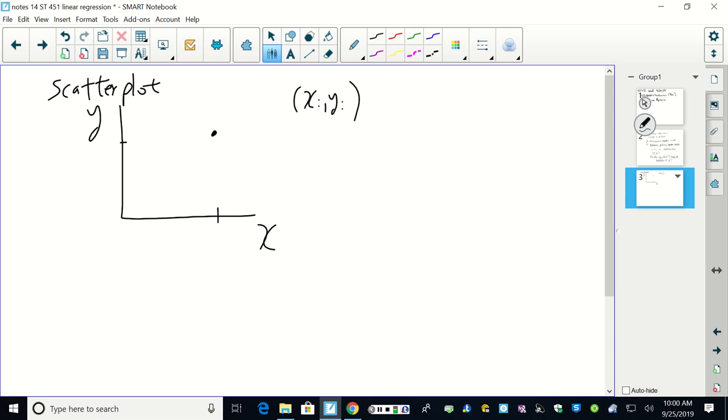If we have a bunch of those points, they give a scatter. And we can qualitatively say, does it seem to be going up? As x gets bigger, does y get bigger? Does it go down? Does it have some curve pattern? Does it look kind of strong? Does it look kind of straight? Use all that vocabulary to do that.